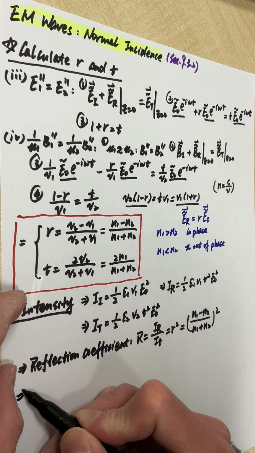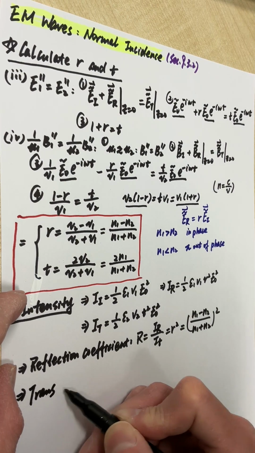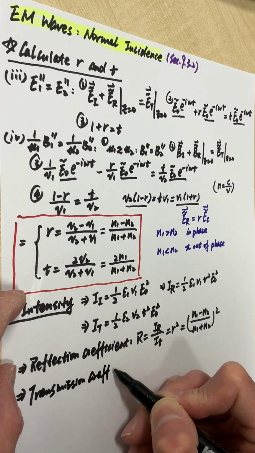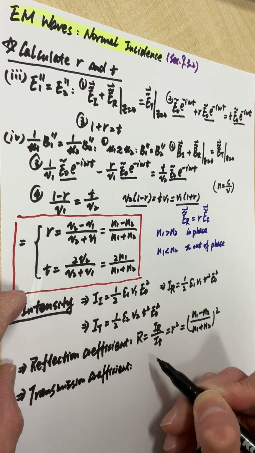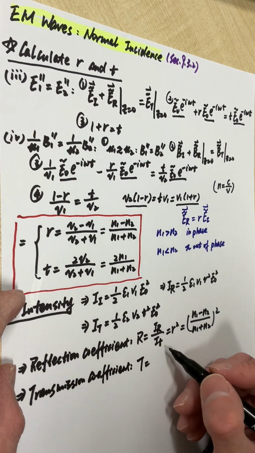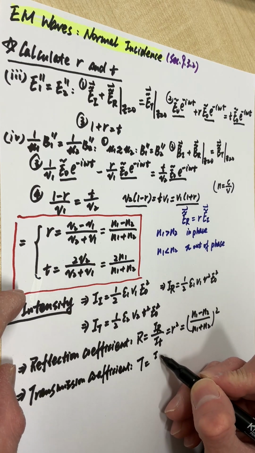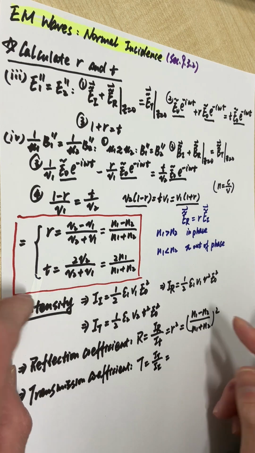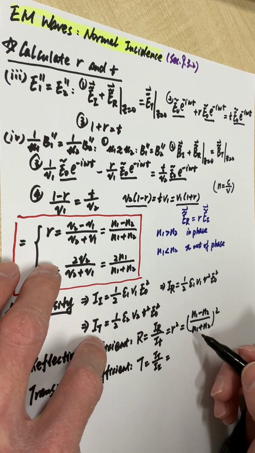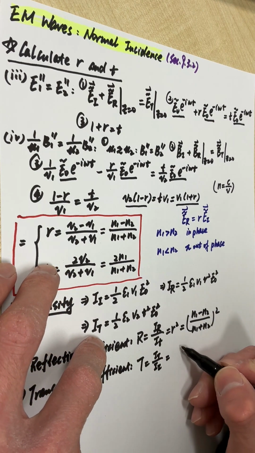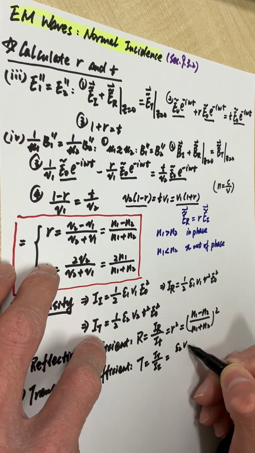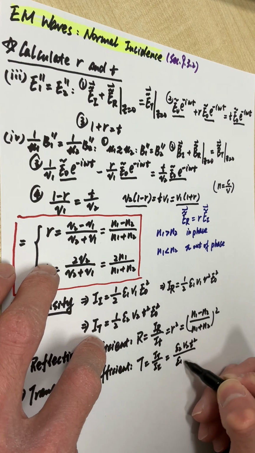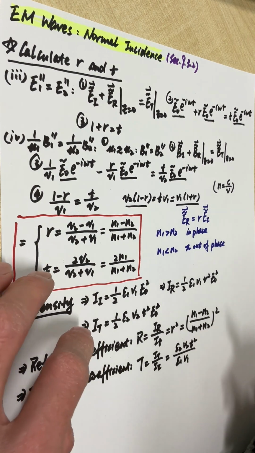And now the transmission coefficient, we have T equals IT divided by I. So this equals, from here to here, epsilon 2 V2 T squared divided by epsilon 1 V1.